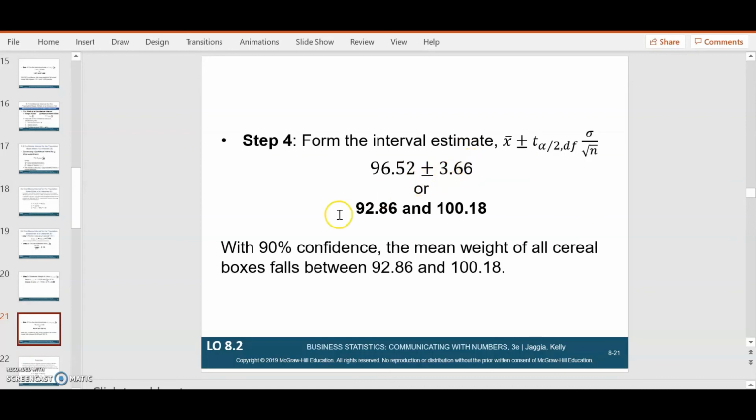We have formed the interval estimate that is between 92.86 and 100.18. So we can conclude that with 90% confidence, the mean weight of all cereal boxes falls between 92.86 and 100.18.